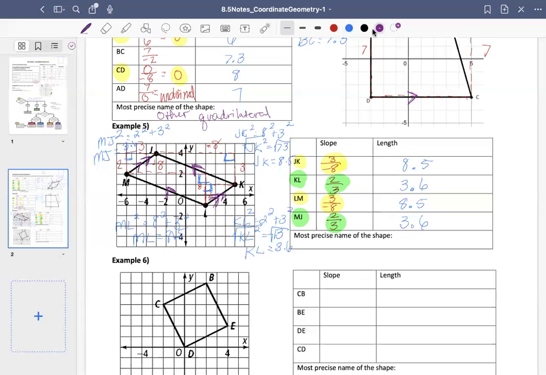So the perpendicular slope to -3/8 should be +8/3. And that is not what KL is equal to. So that tells us that we do not have perpendicular slopes, therefore we don't have a right angle where these lines intersect. So since we don't have a right angle, the most precise name I can give this shape is a parallelogram.